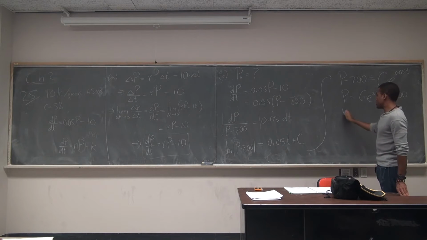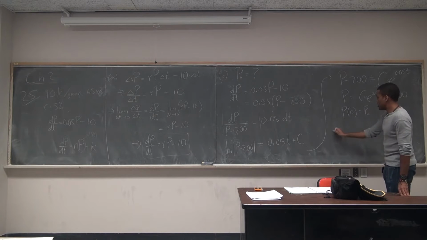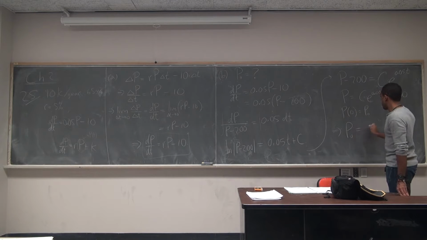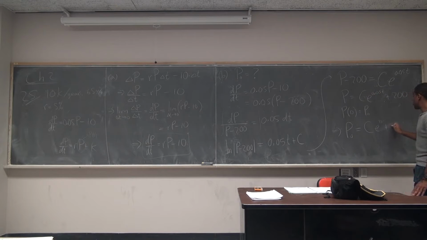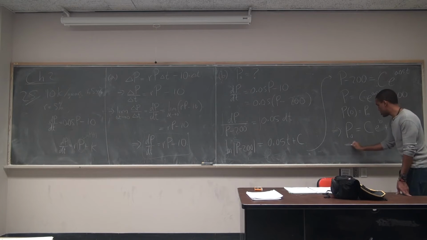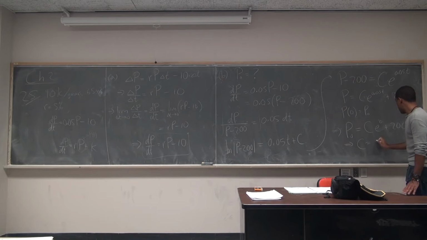And so now if I set the amount at 0 equal to p0, this is p0 when time is 0, and I solve for c. So this means my c in this case is going to be p0 minus 200.